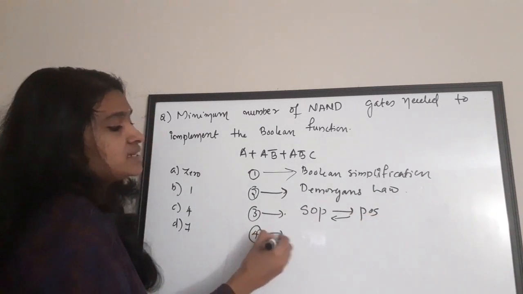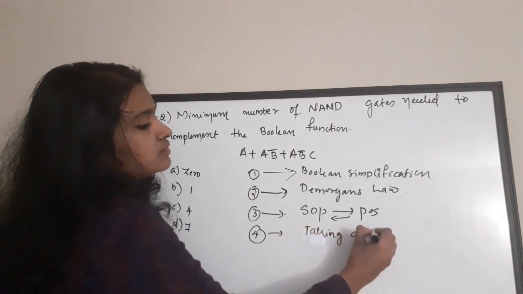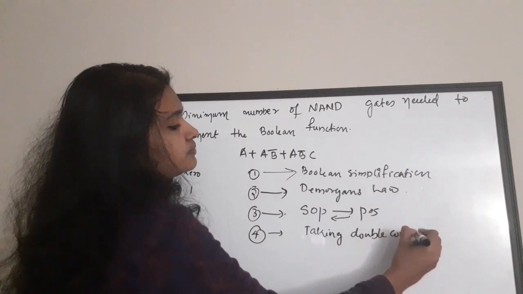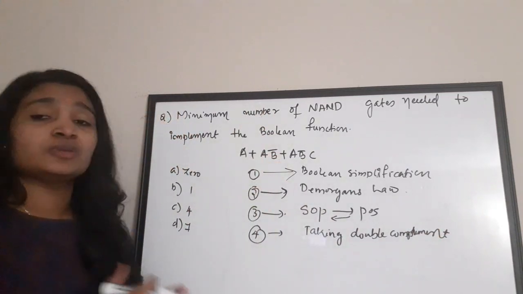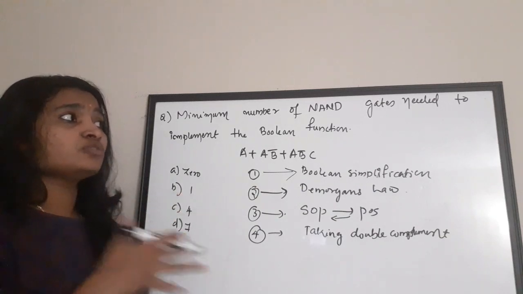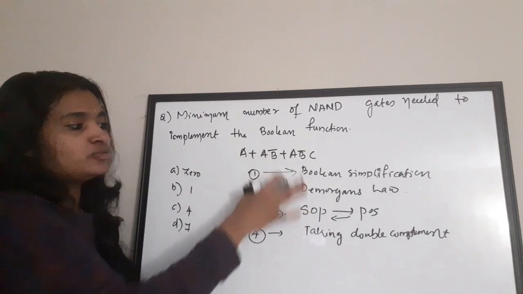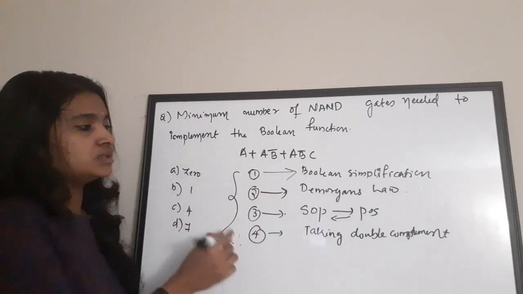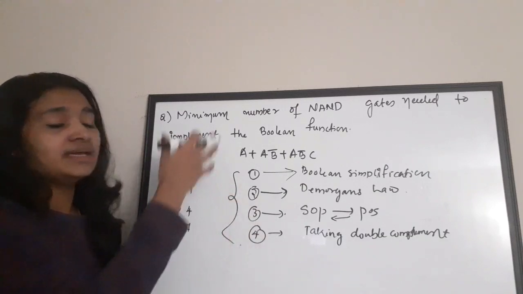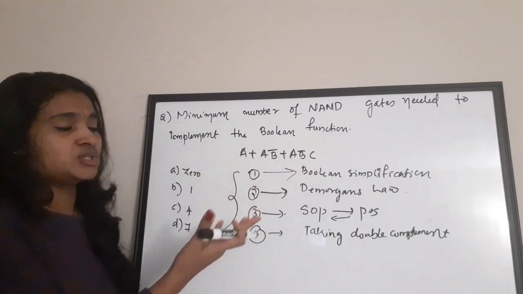Then fourth one is taking double complement. So if you face such a question, that is how many NAND gates or how many NOR gates are needed to realize an expression, you have to go for one of these 4. There can be other options also, but mainly you can do this type of question by applying any of these 4 options.